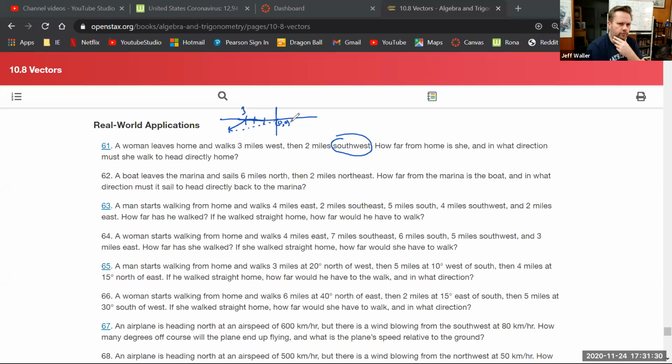Okay, so there's a few different ways you can do this. Do you guys see how this is really a, well, come on, does somebody see how to do this? So I've got this vector, and then I got this vector, and I want to know what this is. What vector operation is that?